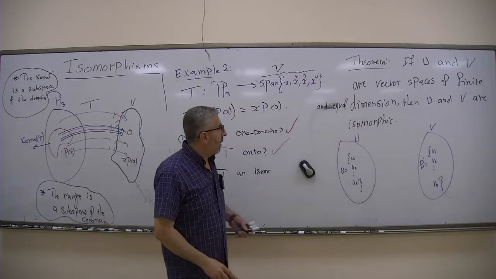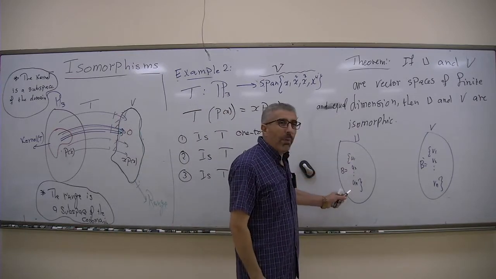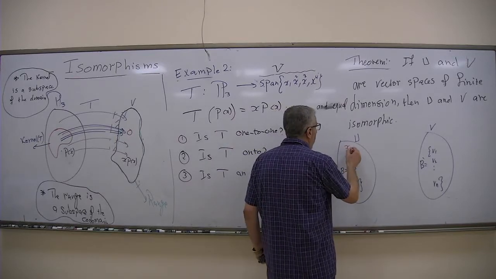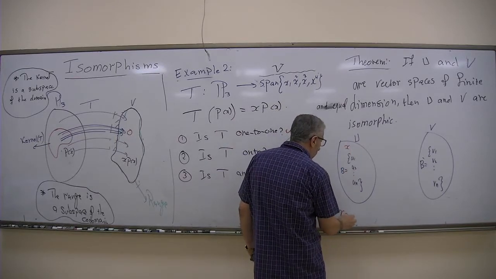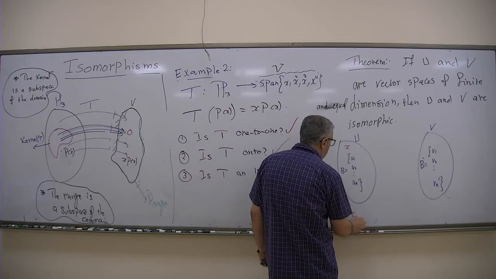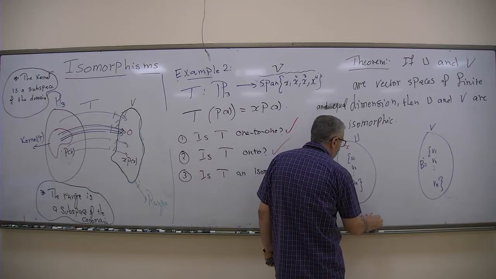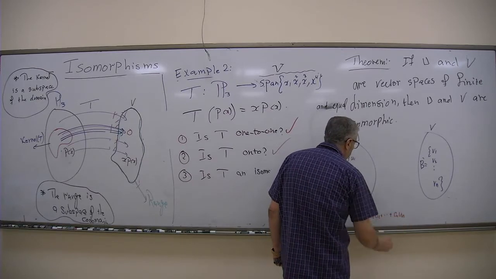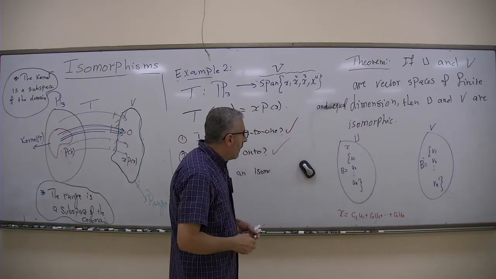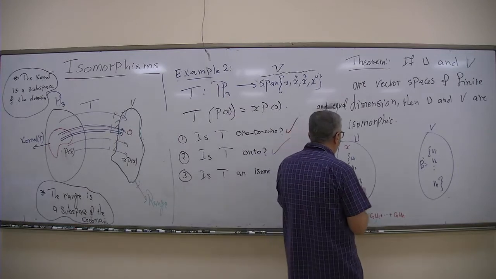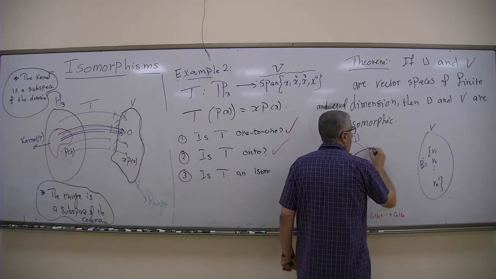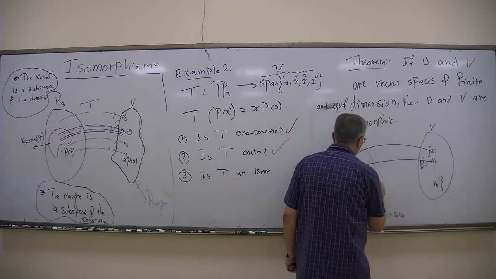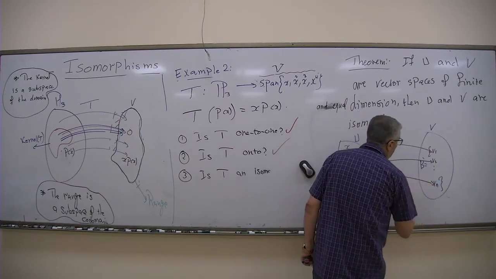Now, any vector here can be written as a linear combination of those, correct? So if you have X here, then X can be written as C1 U1 plus C2 U2 plus up to Cn Un. And if you relate those vectors here with those vectors here, U1 goes to V1, U2 goes to V2, and Un goes to Vn.